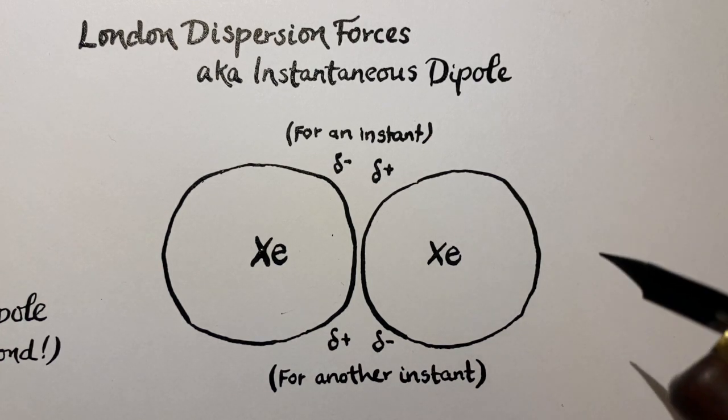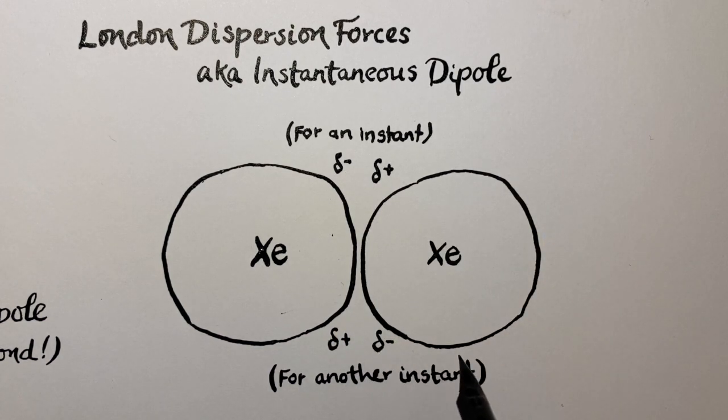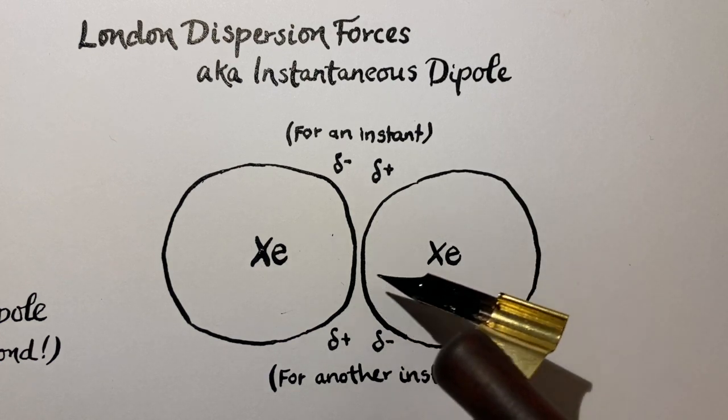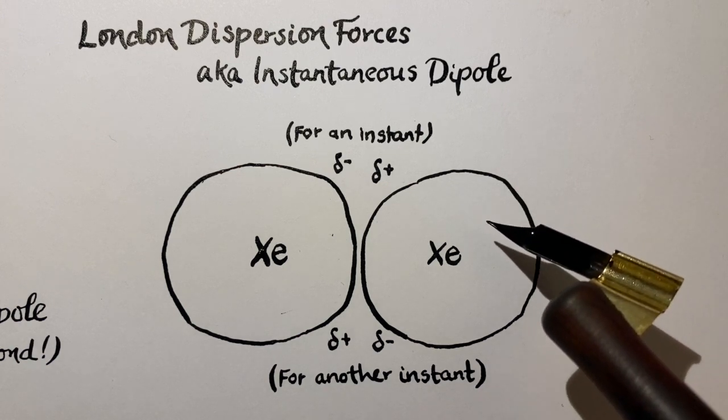What's interesting is that it sounds like these would be quite weak, which is true for some cases, such as the noble gases, like the case of xenon and helium, it's even weaker because there are fewer electrons.